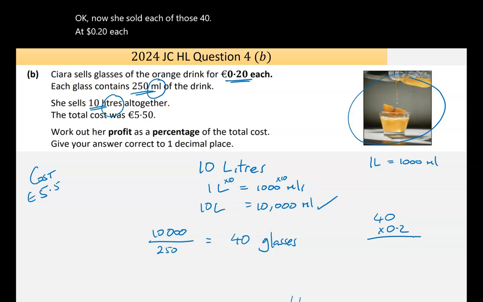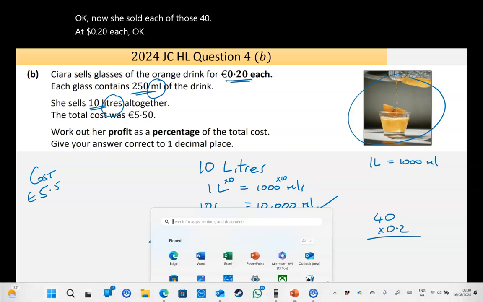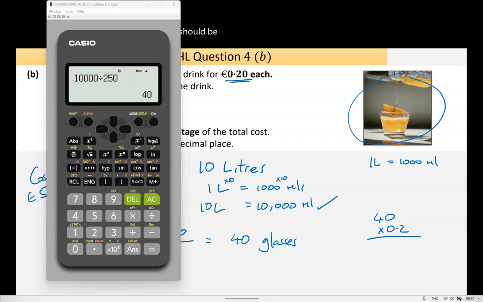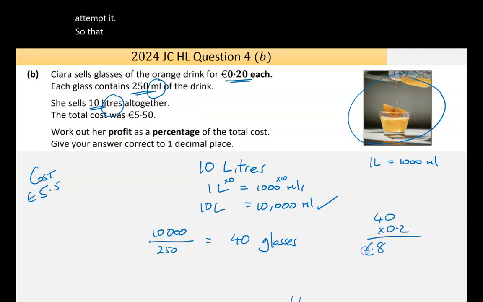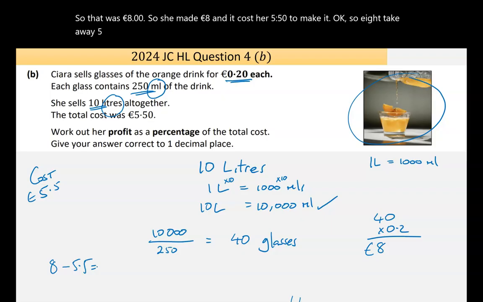So there's 40 by 0.2, which I should be able to do in my head, but I'm not going to even attempt it. So that was €8. So she made €8 and it cost her €5.50 to make it. So 8 take away 5.50 is equal to €2.50.